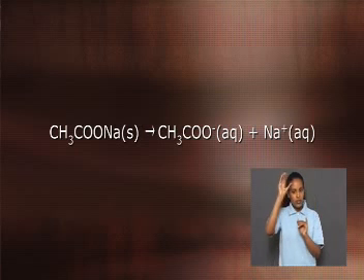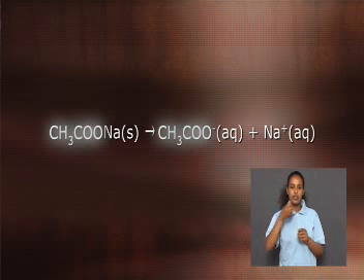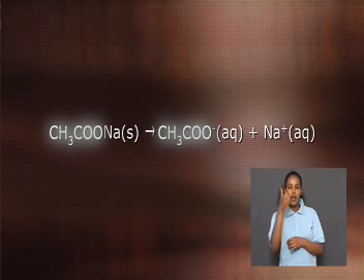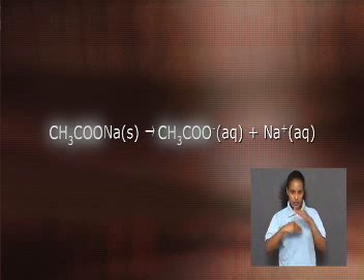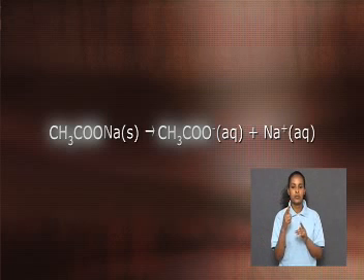According to Le Chatelier's principle, when the acetate ions are added from the sodium acetate to a solution of acetic acid, the ionization of the acetic acid will be suppressed. This will decrease the concentration of hydrogen ions.